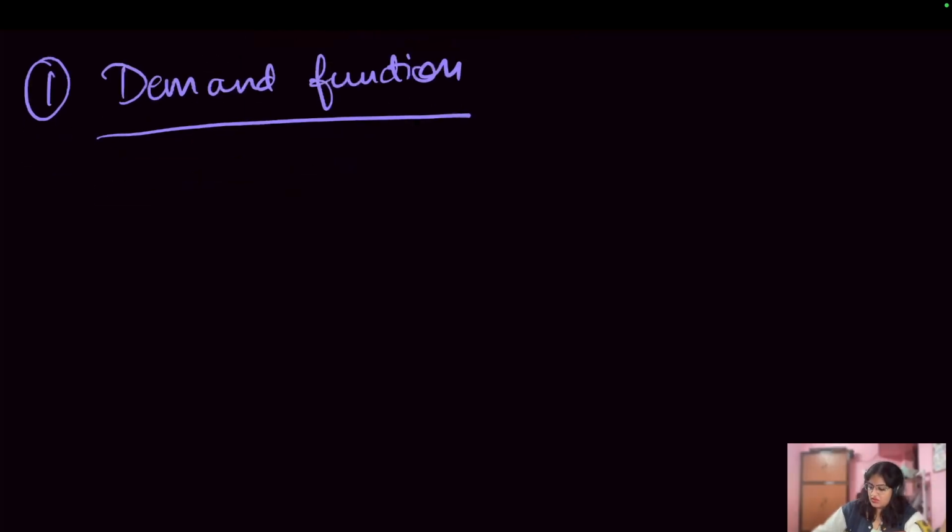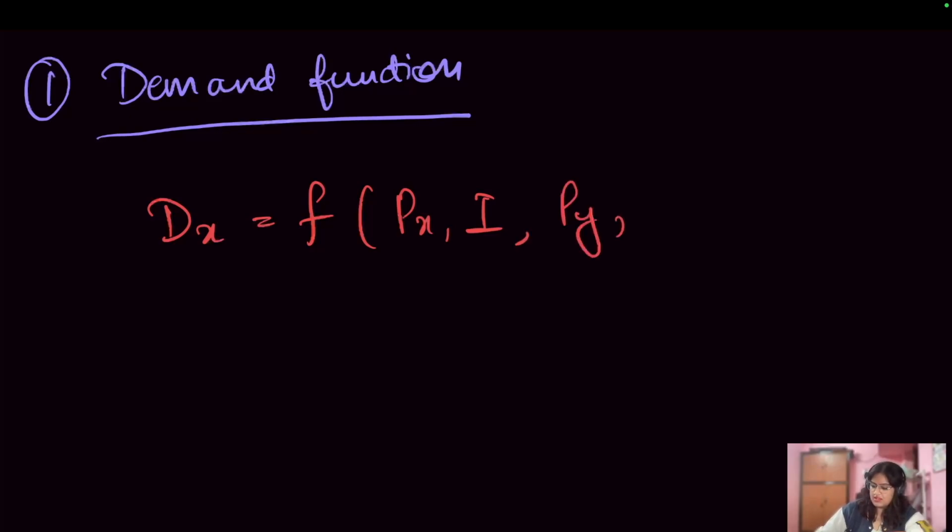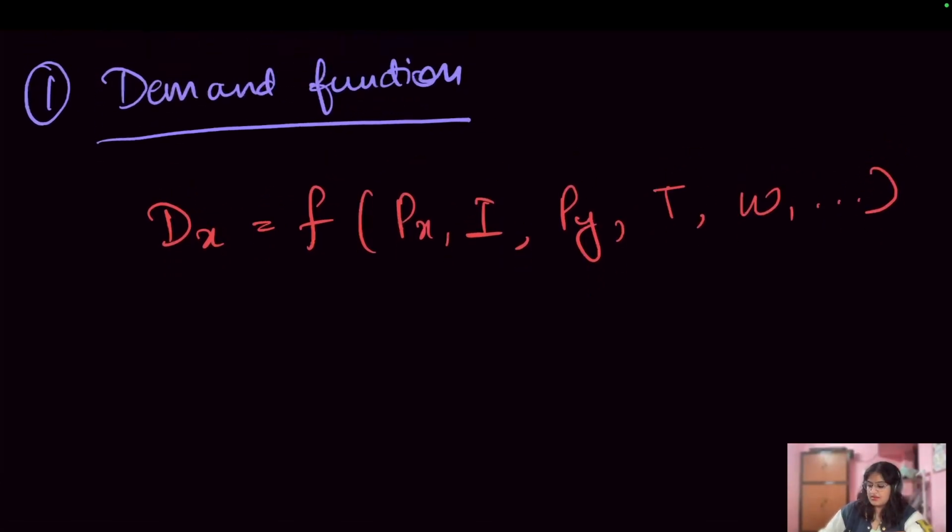And it will look like, suppose Dx equal to a function of, suppose price, income, then change in time, your taste, your preferences. So a lot of determinants will be there. So the demand function is the mathematical way to show the quantity demanded for a particular product, and it depends on various factors that are the determinants.